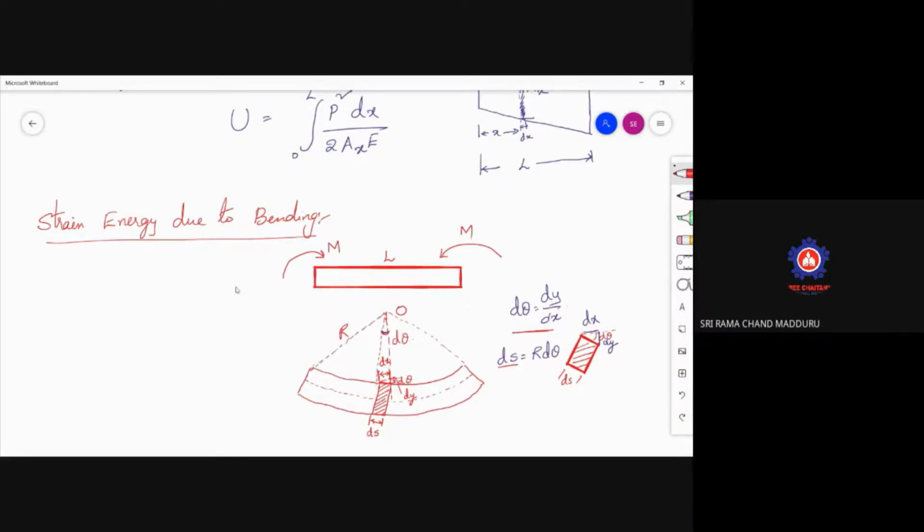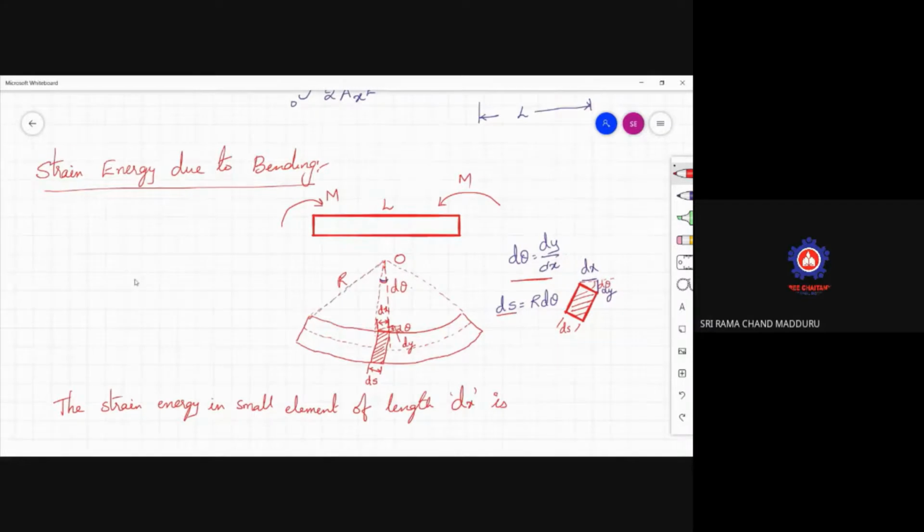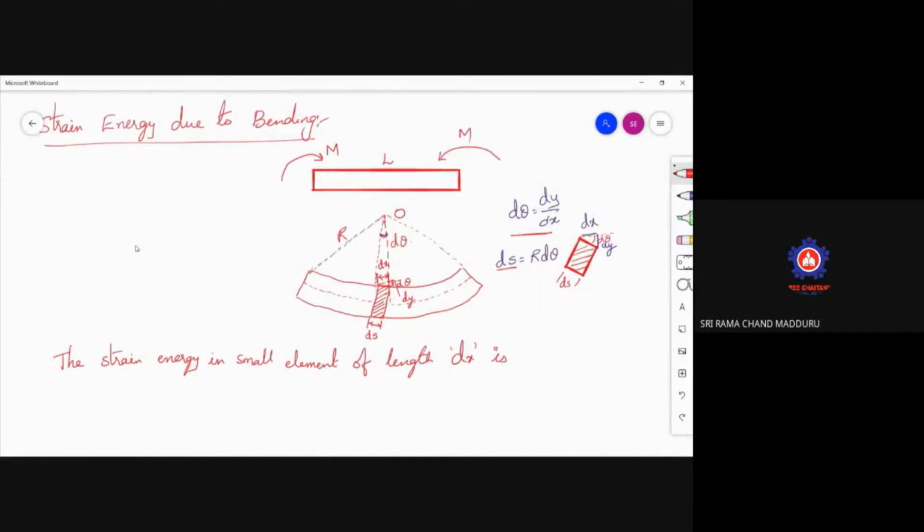Now we will write down the strain energy in a small element of length dx. We know that internal work done is equal to external work done.